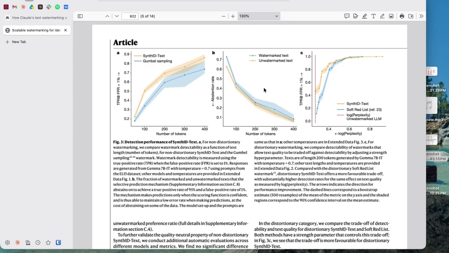The other thing is that your ability to detect whether something was watermarked tends to get much better for longer samples of text. For example, they have results that look at everything from below 100 tokens in the text sample up to 400 in the Google paper.